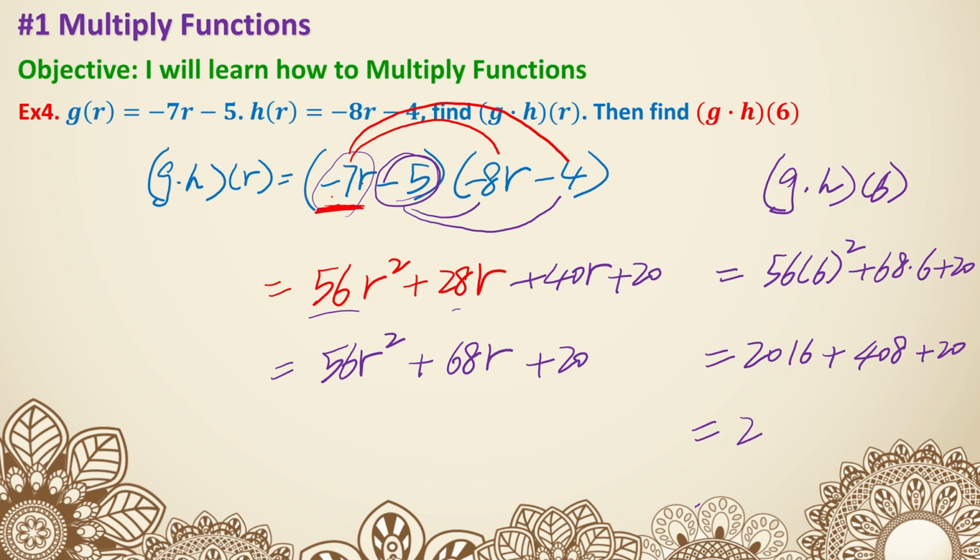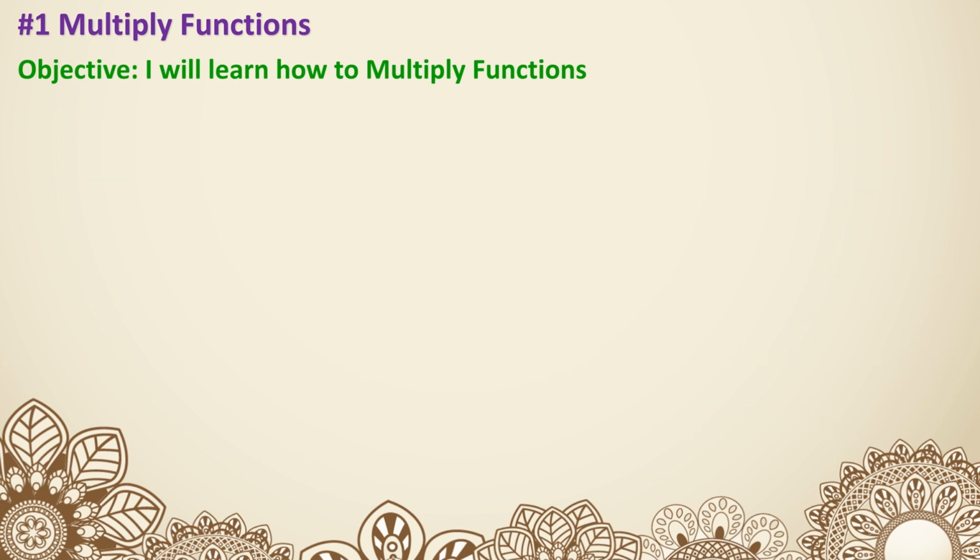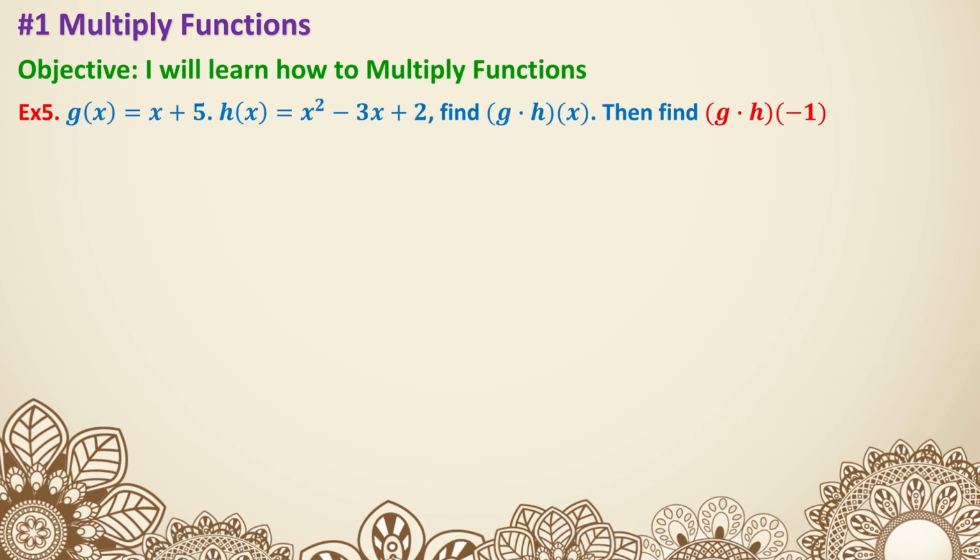So it's going to be 2,444. Okay, there you go. That's example 4. Now that you have learned both methods, for the rest of the questions, you can use either one, see which one you prefer.